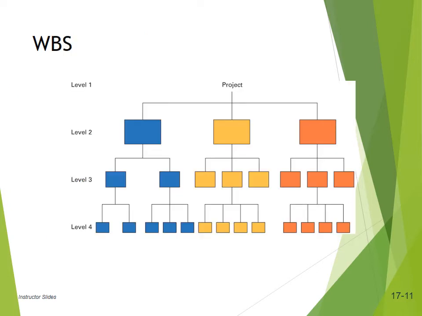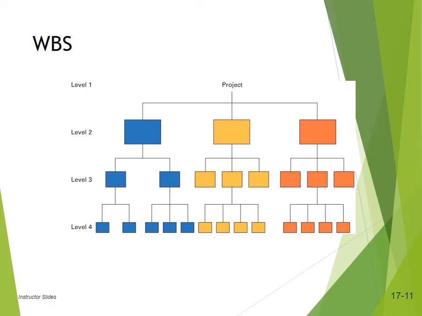Now over here we see that the project, which is in level 1, is broken down into three smaller tasks in level 2. In level 3, it is broken down into 8 tasks, which is broken down into, say, 11 tasks in level 4.